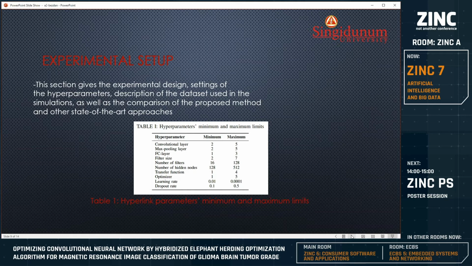This is basically a good thing, seeing that the minimum is 128 and the maximum is 512, because that shows that through the hybridized algorithm process, when it was being used with the data sets, many discrepancies were eradicated throughout the process of the algorithm taking place.